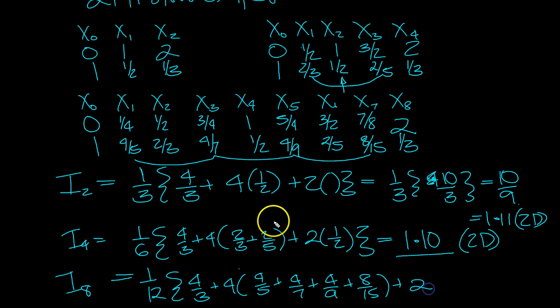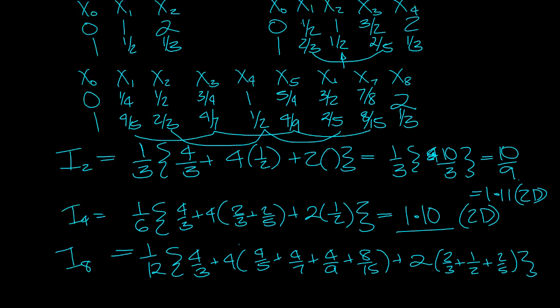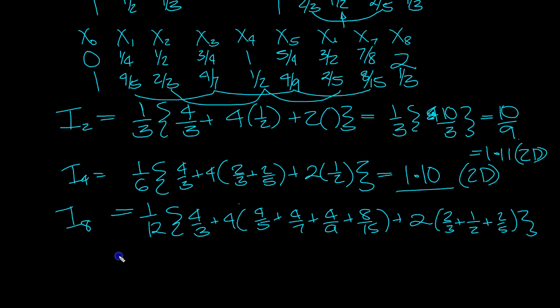Plus 2 times the evens, 2, 4, 6. There we are. Half plus 2/5. Close bracket, close brace. So now we can work it out.